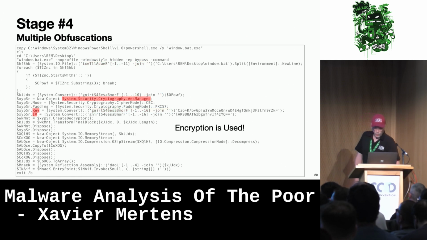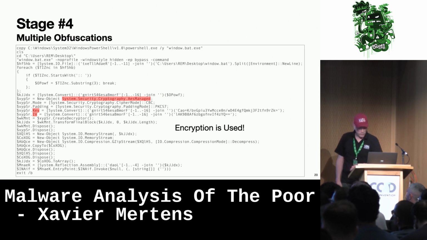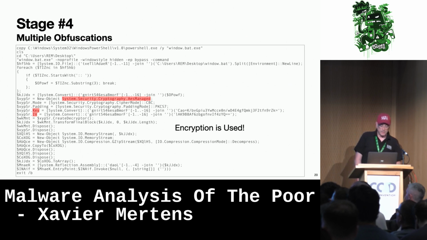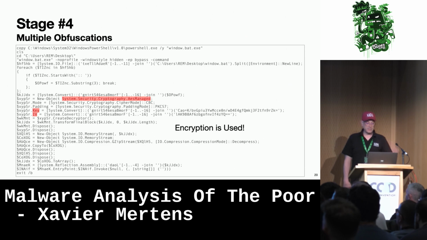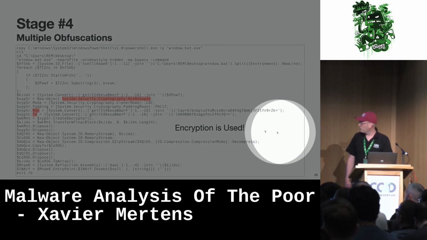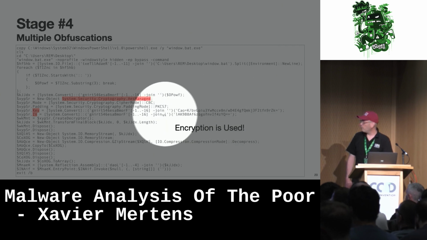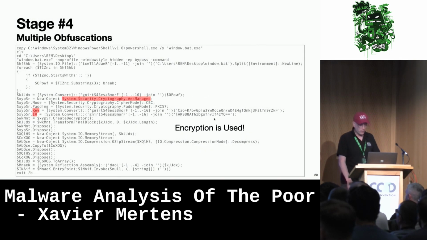That's the first thing. We also see that we have encryption in place because we have System.Security.Cryptography.AesManager. And you see below that you have cipher mode, CBC, PKCS7, and so on. And you have here the wonderful key, another bunch of base64. So probably the AES and the key have also been base64 encoded.